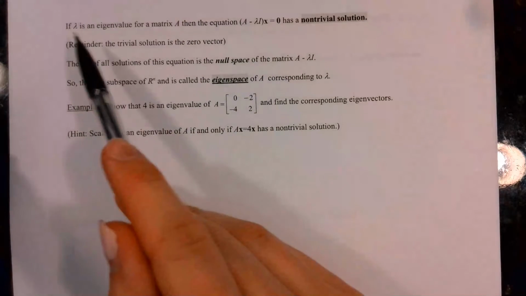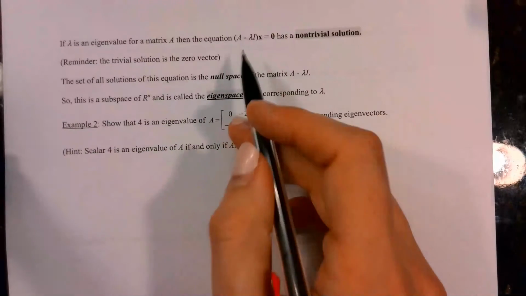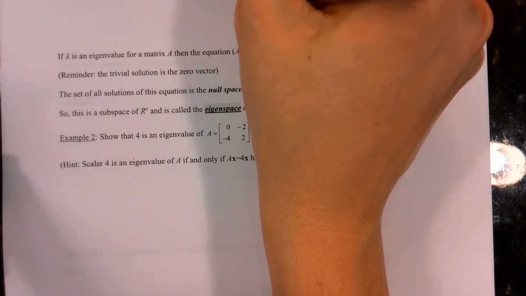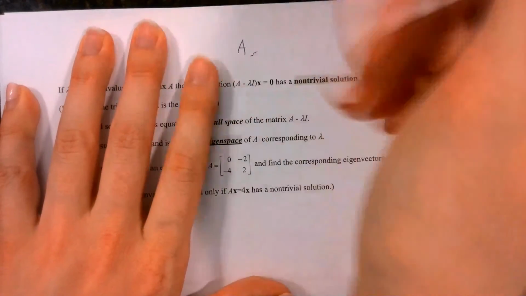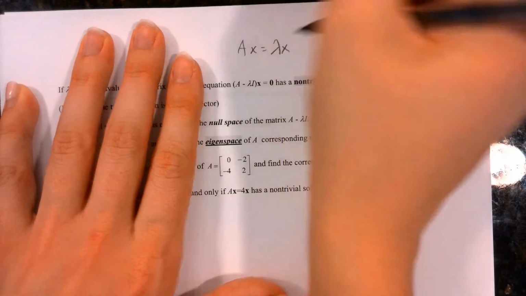So if lambda is an eigenvalue for the matrix A, then, and this is where 4.9 comes back again, to find an eigenvector, we are looking for A times x equals lambda times x.